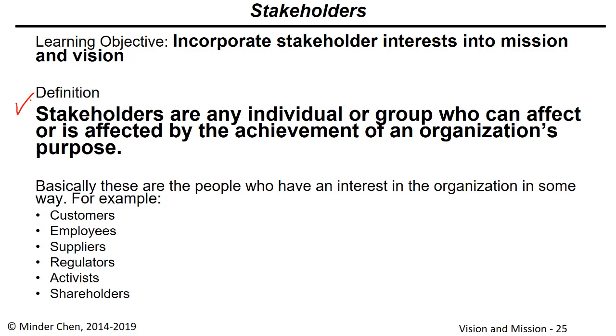Basically, those are the people who have an interest in your organization in a certain way, which can be customers, employees, suppliers, regulators, government agencies, activists, and shareholders. So employees are internal, customers external, etc.